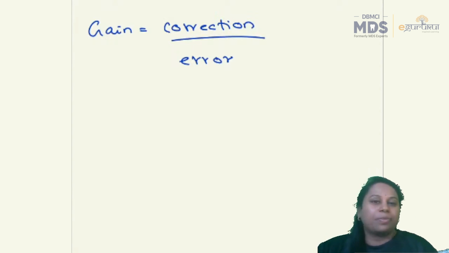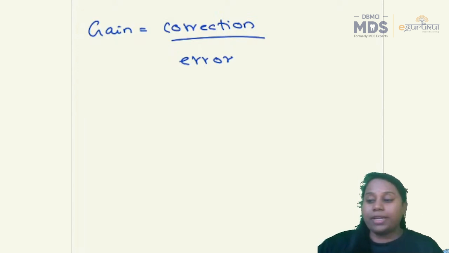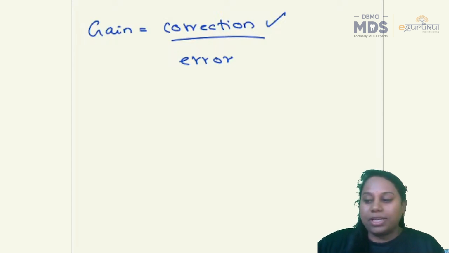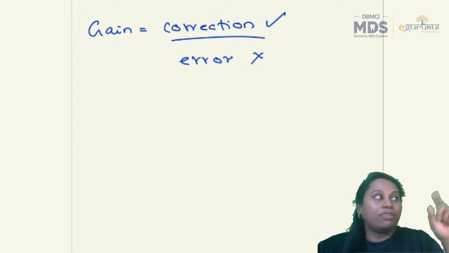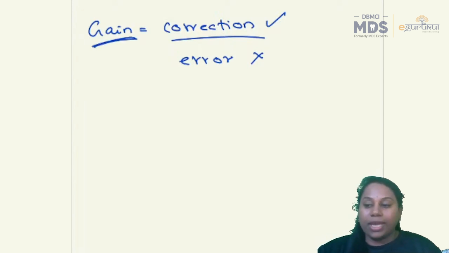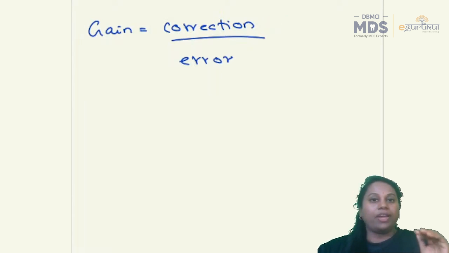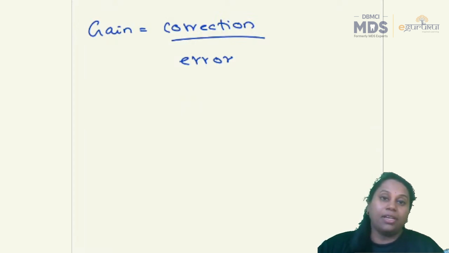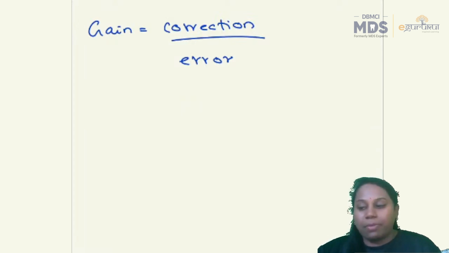If there is some mistake in the system, it will try to correct itself. How much ever it has corrected is the correction. It can't correct 100%, it leaves some error. If you divide the correction by the error, you get the gain of the system. So gain is equal to how much the system has corrected divided by how much error it has left.